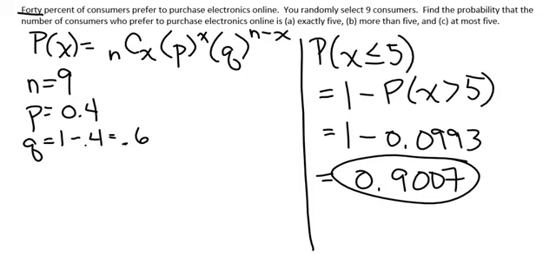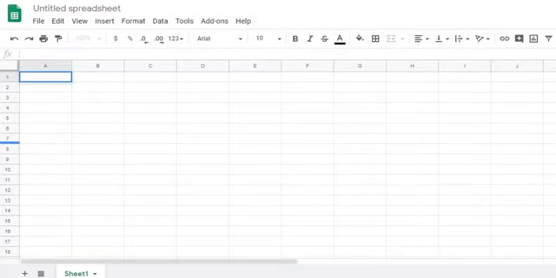Now that we've gone through how to use a calculator and hand calculations, I also want to show you how you can use Google Spreadsheets and some of the technology there to find these numbers. So recall in Assignment 2, in Unit 2, we used Google Spreadsheets to do some calculations for the mean, median, mode, and standard deviation.